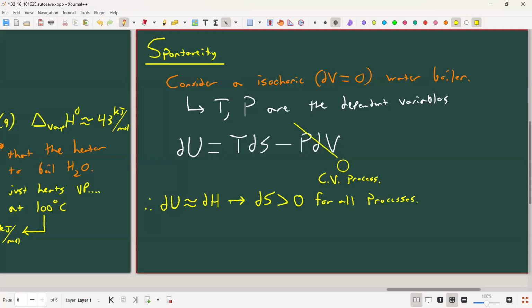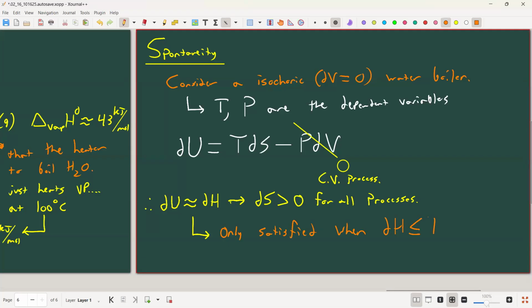And so by this definition, we could say that this process is only satisfied when dH, which is similar to dU, is less than or equal to TdS.